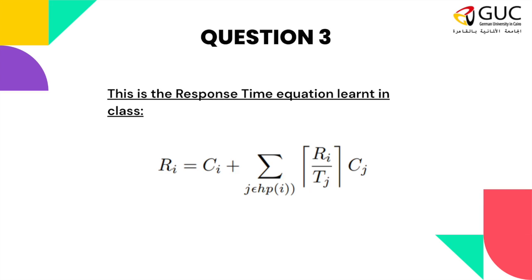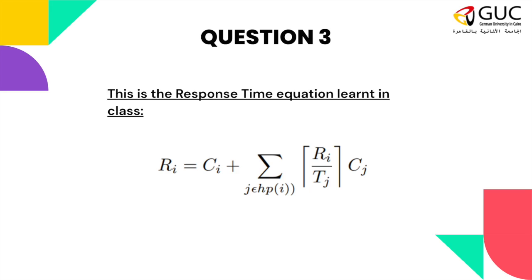Therefore, it is sufficient: if it tells you it is schedulable, then it's 100% schedulable. But it is not necessary, meaning that if it tells you it is not schedulable, it does not mean that it is not schedulable. Therefore, we call it inconclusive. And therefore, the UB test is also known as sufficient but not necessary.